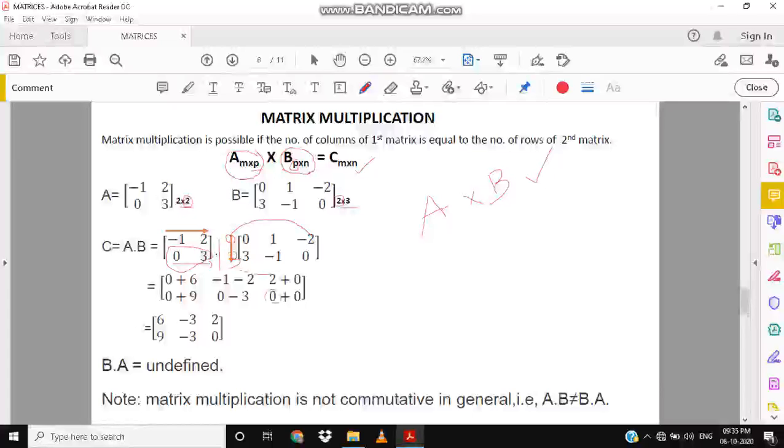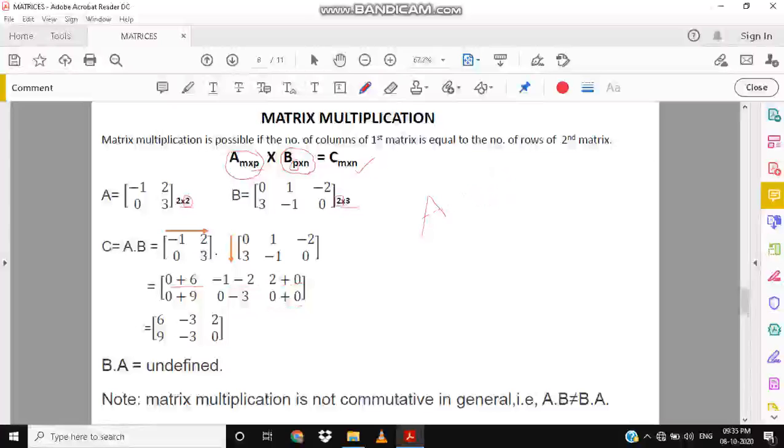And then 3 gets multiplied with 0, which again gives you 0. So this is how you do the multiplication for two matrices. And then you simply add all these numbers, calculate them, and here you get the final matrix. This is the result. Got it?